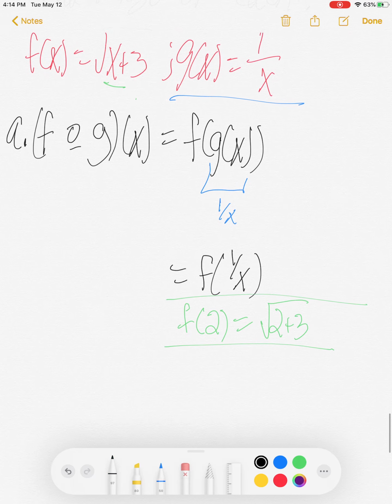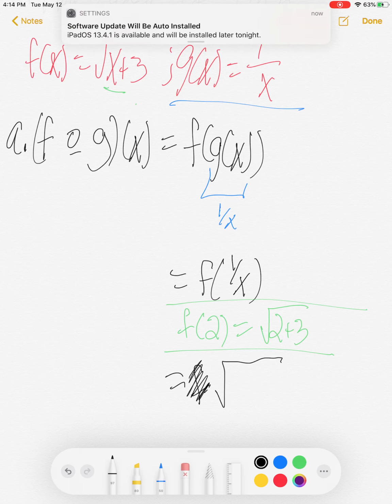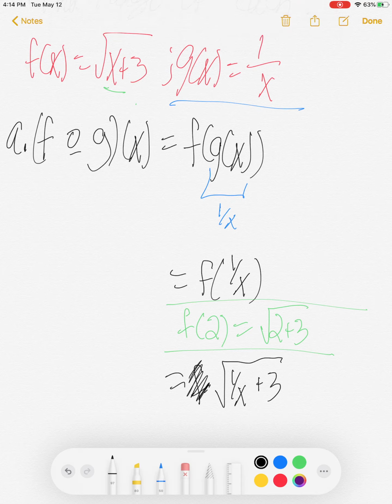So f of 1 over x looks big, bad, and scary. But all that we do is the exact same thing that we did for, say, f of 2. And it's just the square root of, well, I'm going to replace x with 1 over x. So I have 1 over x plus 3. Square root of 1 over x plus 3.